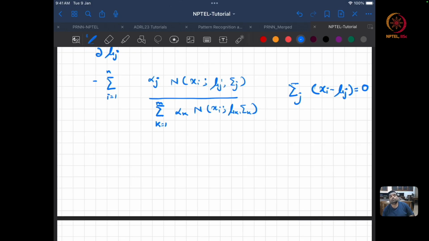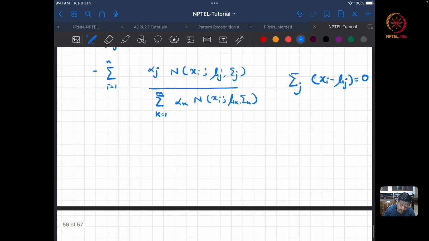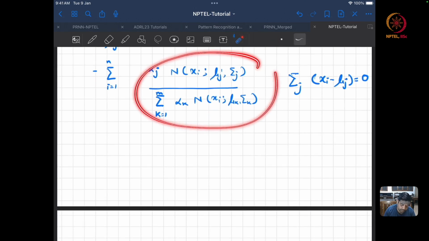We have done this kind of differentiation in detail in our earlier tutorials whenever we were obtaining the MLE. Okay, do exactly the same thing. Now you multiply it by the inverse of your covariance matrix, and then what do you get finally? So now you get this, we know.